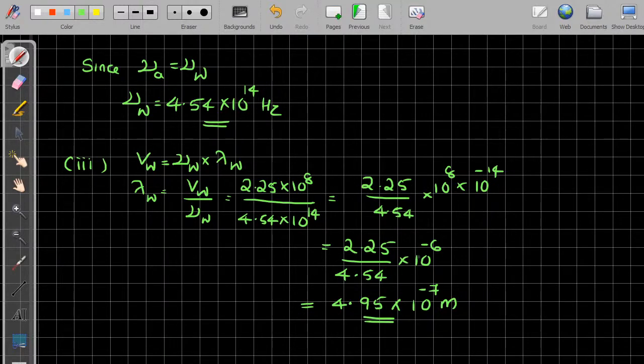So if I rearrange that, I can write it as 4.95 into 10 raised to minus 7. Actually you are supposed to get it as 0.495 into 10 raised to minus 6 meter. If you rearrange this, you can write it as 4.95 into 10 raised to minus 7 meter. So here I want to once again stress one fact, that when light travels from one medium to another medium, the frequency remains invariant.